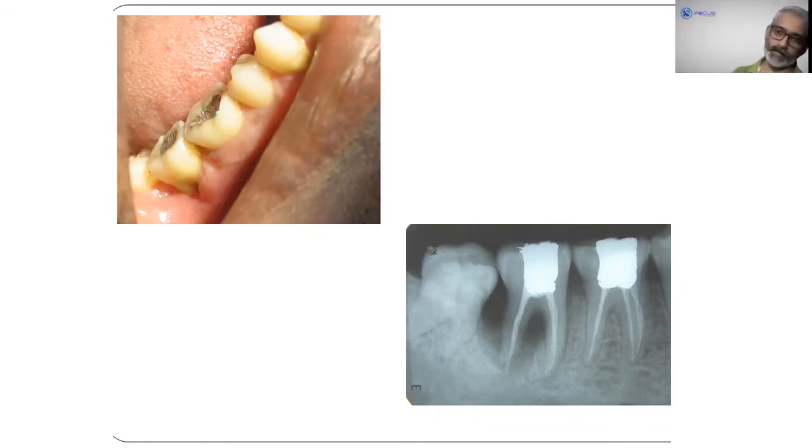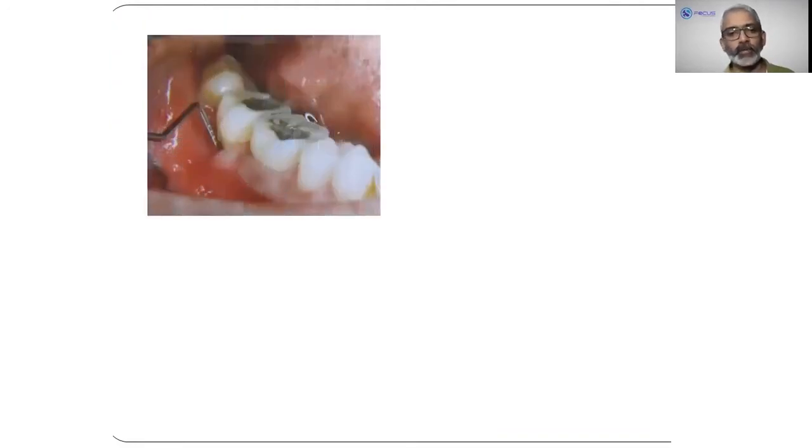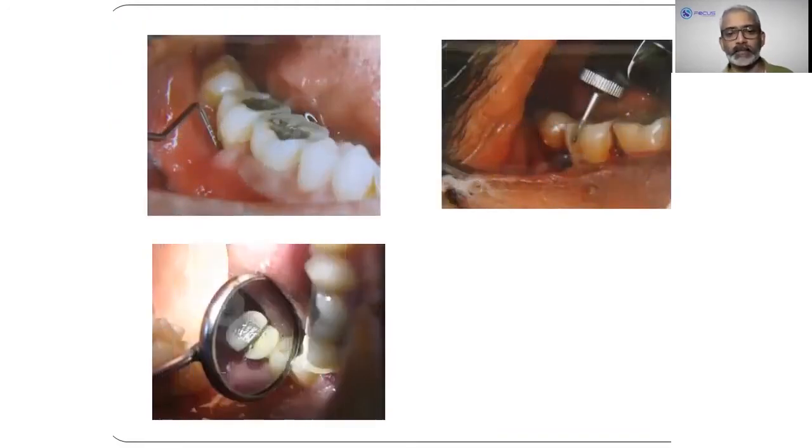So what are the treatment modalities? If an endo is needed, we always prefer to do the endo first, and then go for the perio procedure. In this case, the prognosis of that distal root is not good. So what we do is remove that distal root. You resect, you cut the tooth into two.